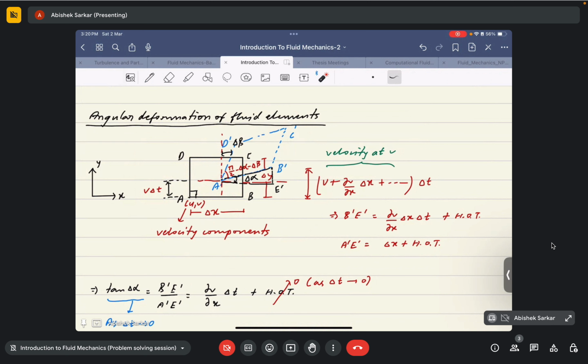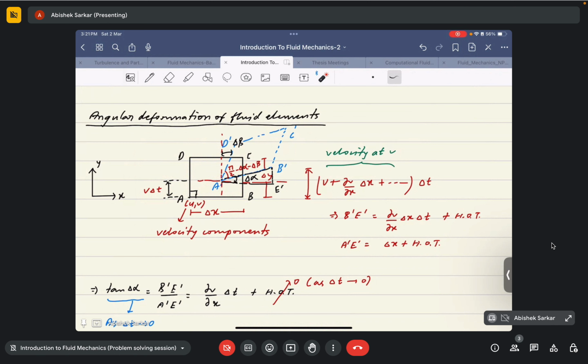Again, this deformation can be of any shape and can be random, but just for the ease of our understanding and deriving the mathematical equations, we are considering a generic form of deformation, so that we could capture the flow physics properly. Okay, so just for our ease of understanding, we are considering this simple deformed shape.